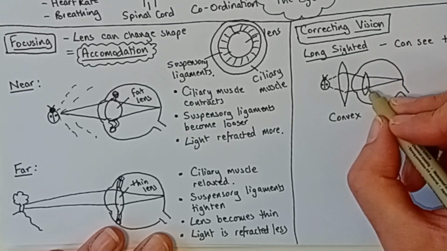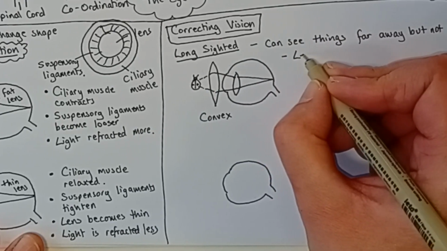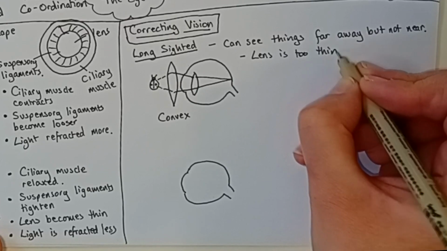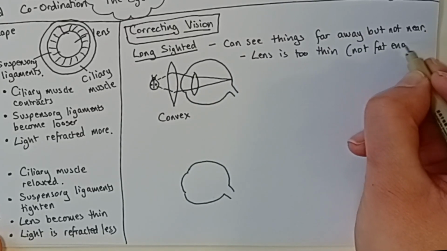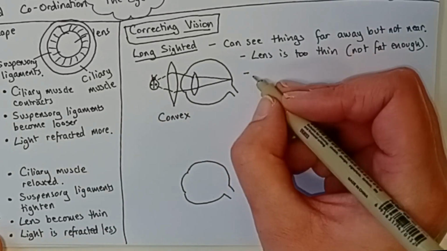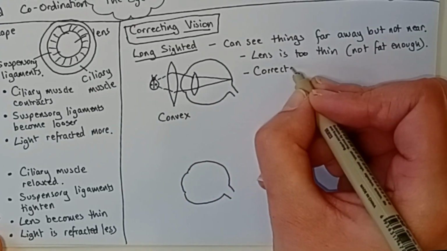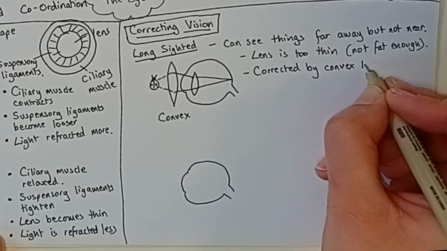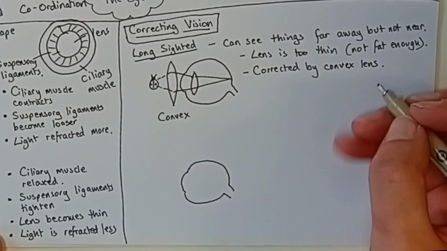So when you're long-sighted, your lens is too thin or not fat enough. So it needs to be corrected by a convex lens. And that refracts the light more.